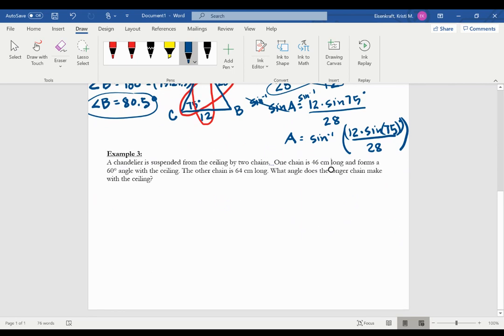Last one, an application problem. It says a chandelier is suspended from the ceiling by 2 chains. So I'm just going to draw the ceiling. I'm going to label it ceiling, by 2 chains. One chain is 46 centimeters long and forms a 60-degree angle with the ceiling.